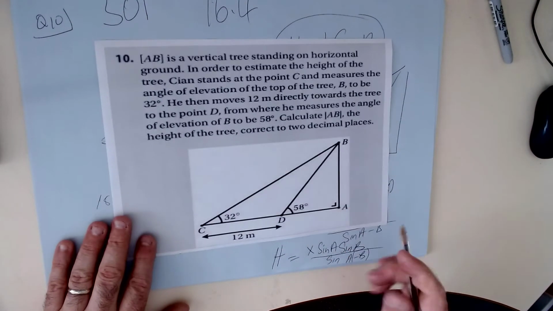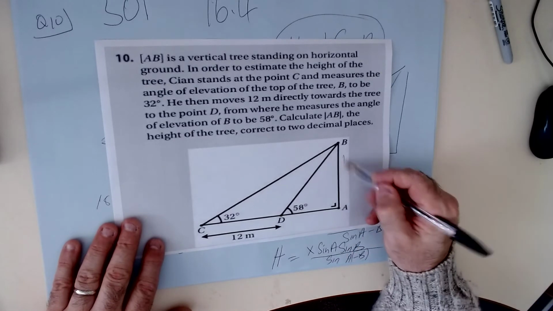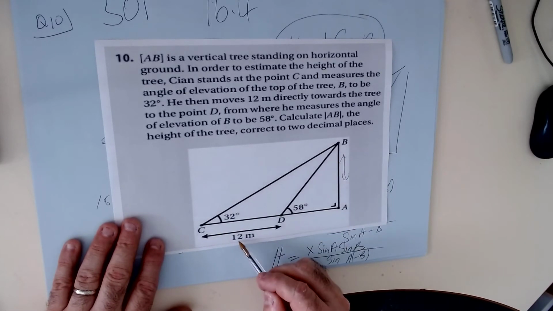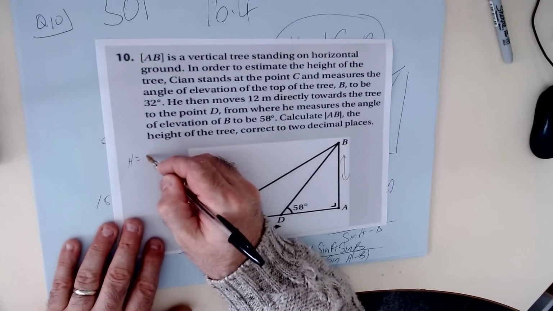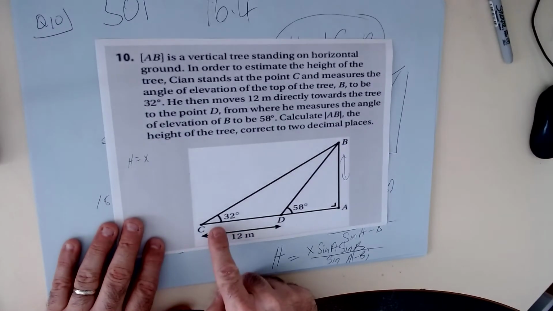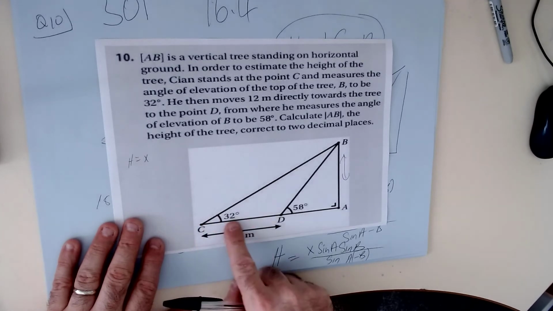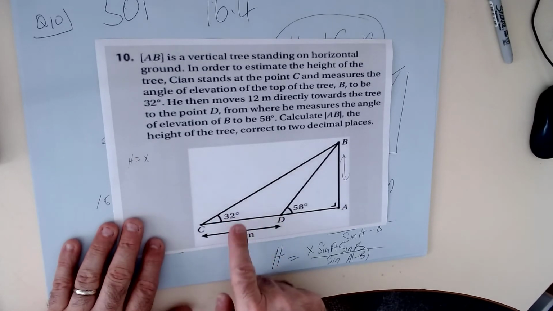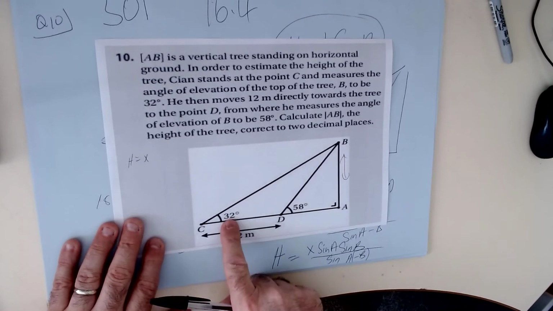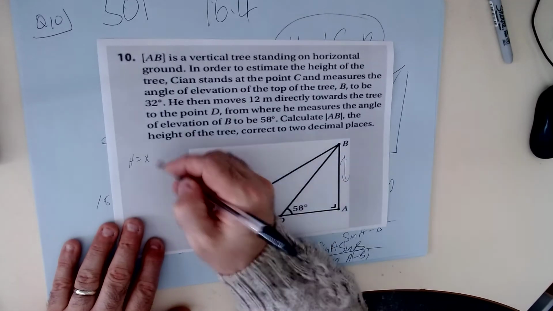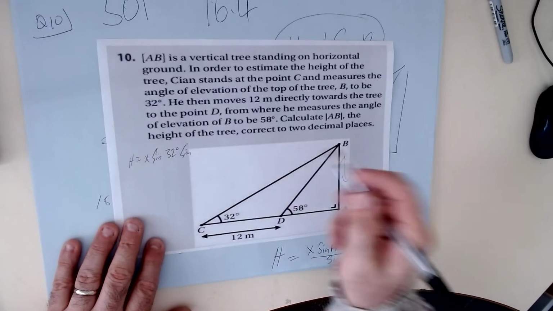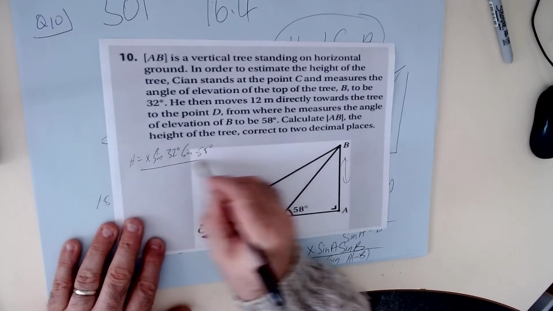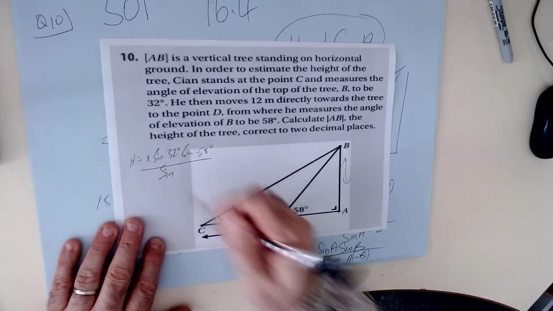It's telling me that if I want to get this height here, I just take this length, and I just put it in general again. I take this length x, I multiply it, it's a three-way product, by the sine of that by the sine of that. That by the sine of 32 degrees by the sine of 58 degrees, and I just divide it by the sine of the difference of these two angles.